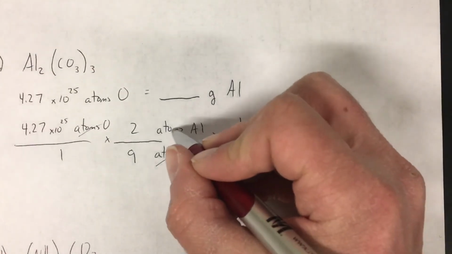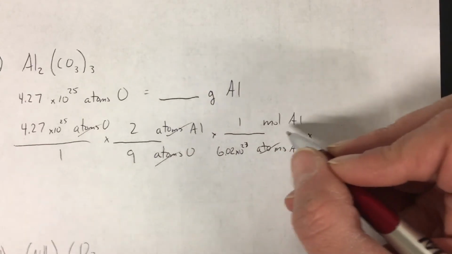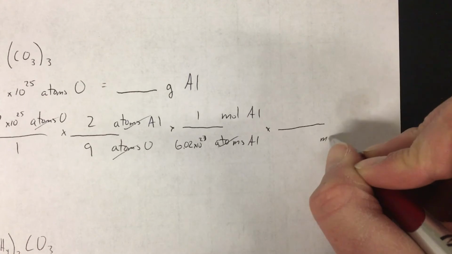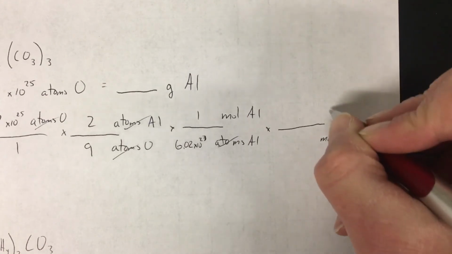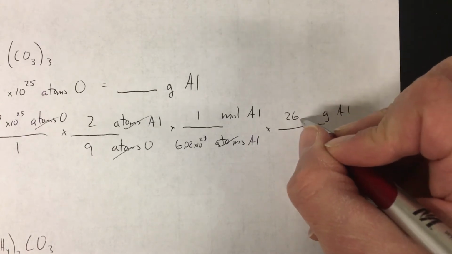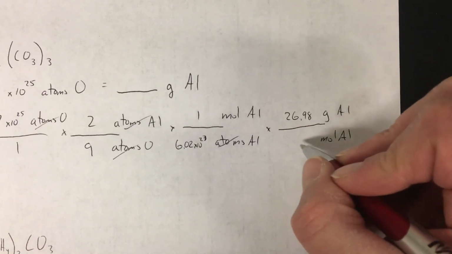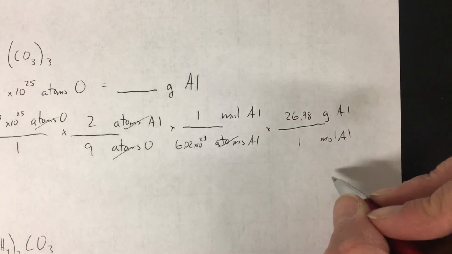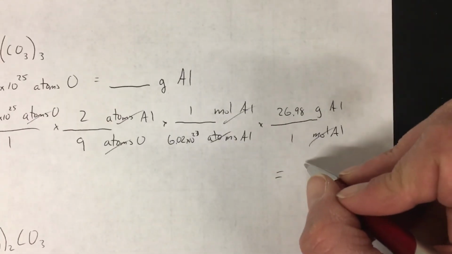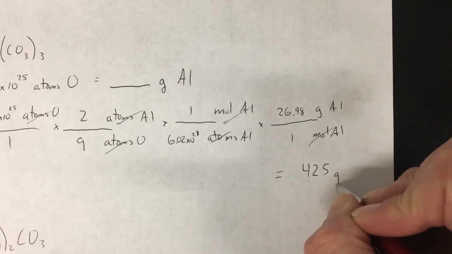Now that gets us from atoms to moles, and now we can use the molar mass to go from moles to grams. The molar mass of aluminum is 26.98 grams per mole. And if you calculate that across, you end up with 425 grams of aluminum.